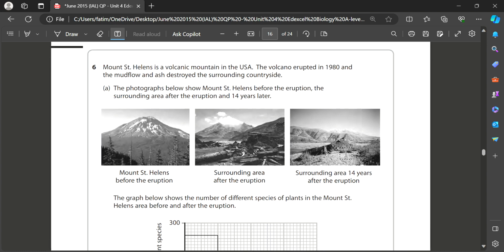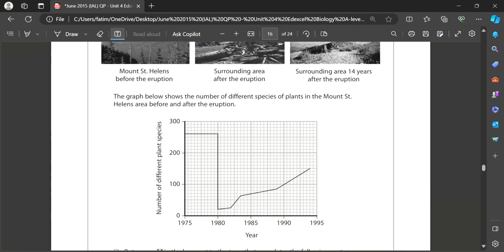If I had to guess, because over here there's a number of different plant species graph, and you can see that it was almost stagnant, because that's how you can tell it's a climax community, it's reached that point, then it immediately drops because of the eruption, and then it slowly increases again, and that's the primary succession.